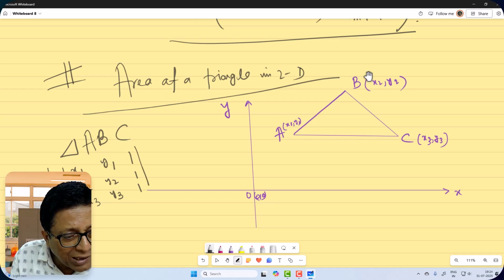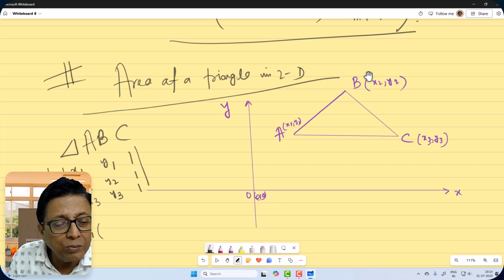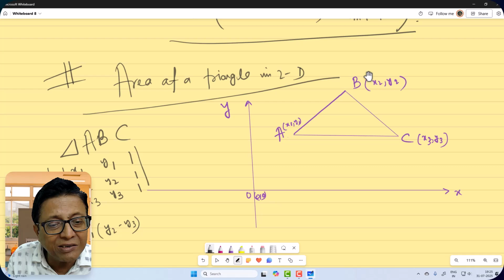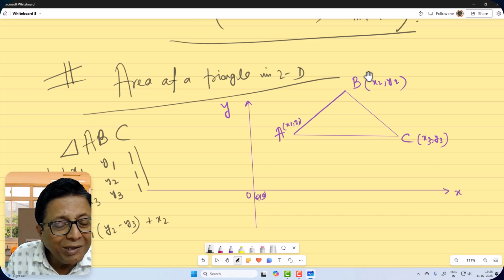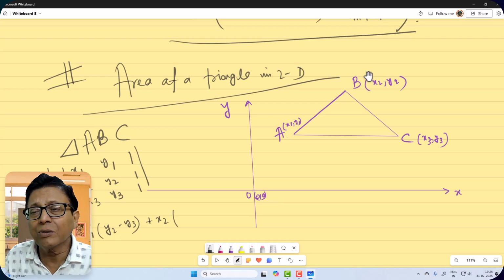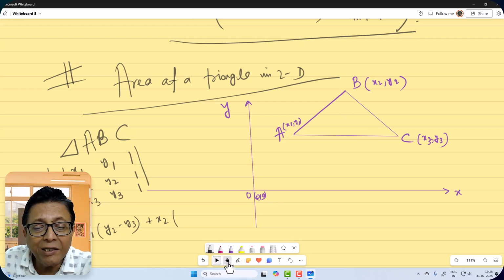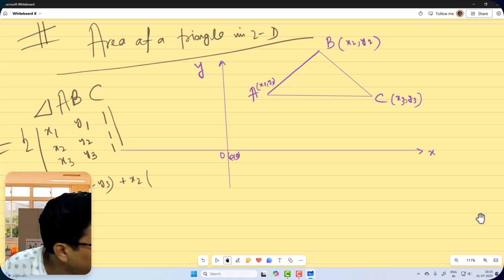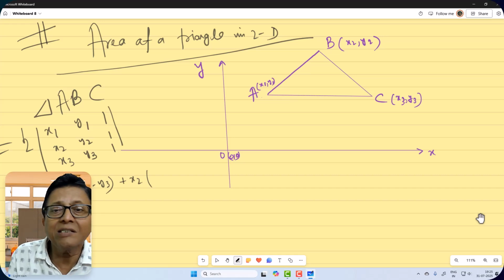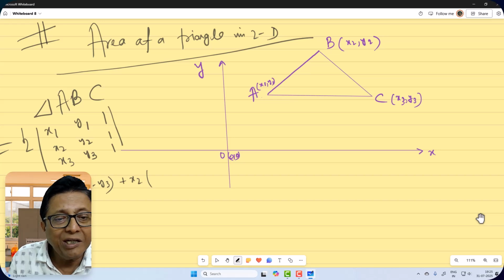If you remember, it's okay. Otherwise, you write this one as half x1 into (y2 minus y3), value of this thing. When you take x2, it will be (y1 minus y3). Okay? These are 3 points, no? I am going to prove it. But finally, what you will get, that I am writing here first.